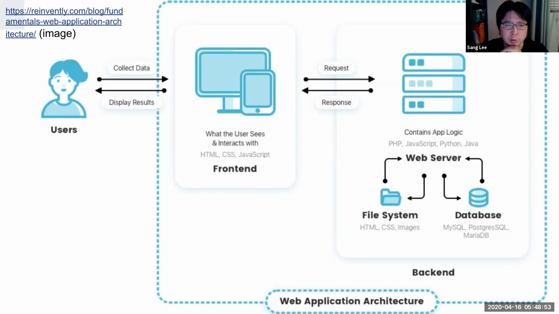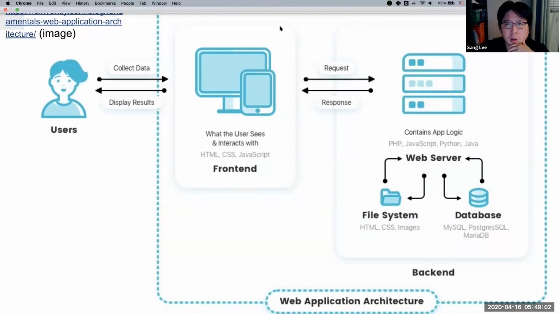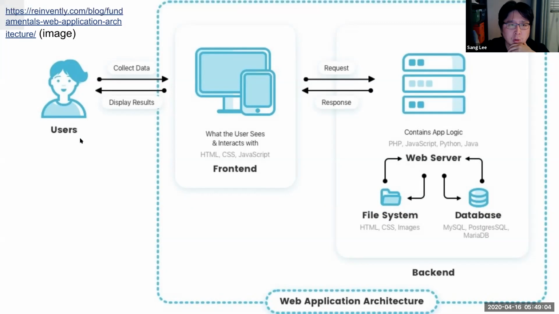Maybe some of you are still working on it, but basically this is what we built, right? So we have users. Let me actually annotate. So we got users and they interact with the web application, and then it shows some data. And then there's HTML, CSS, JavaScript, the front end part, right?